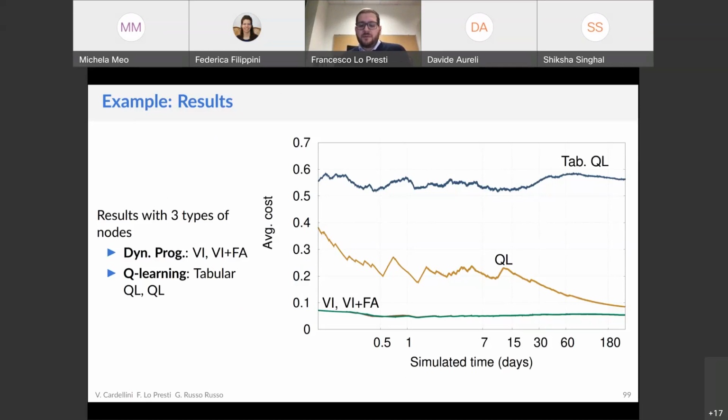And if we solve the MDP with and without functional approximation, we cannot note any difference. So with functional approximation, we have dramatically reduced the amount of memory we need, and we have also improved the accuracy of Q-learning.